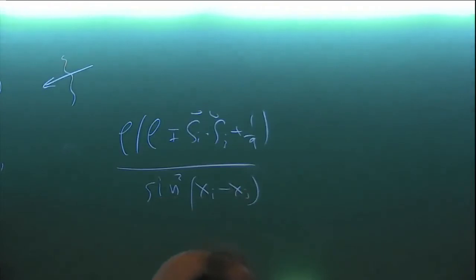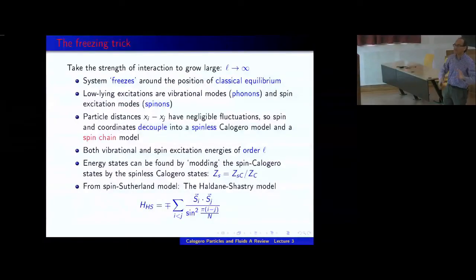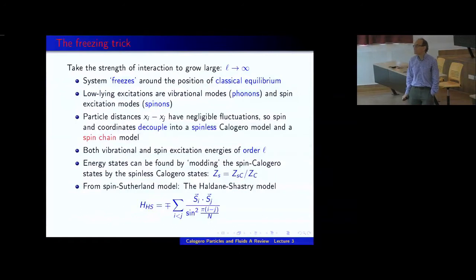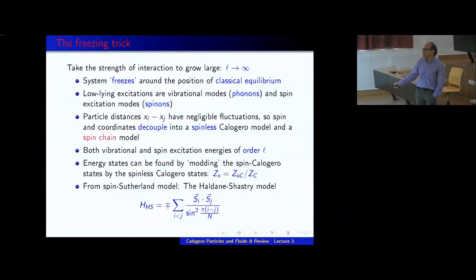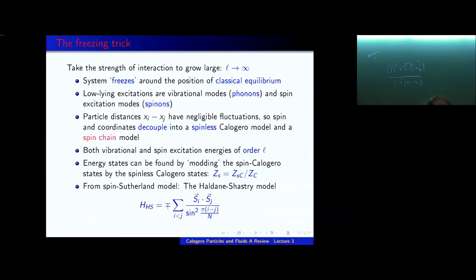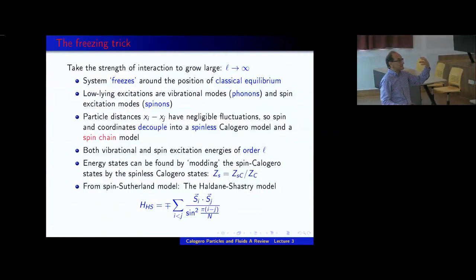Therefore, the full spectrum of the model will be the direct sum, or the product, of the Hilbert spaces and spectra of a spinless Sutherland model with a very large L, and a spin chain system, where the particles here, where the coupling constant is this 1 over sine square potential, but for the values of the coordinates equal to the classical equilibrium point. Now, if you have a set of N particles on the circle repelling each other with symmetric interactions, and you drive these interactions to infinity to be very big, where will the classical ground state configuration be?